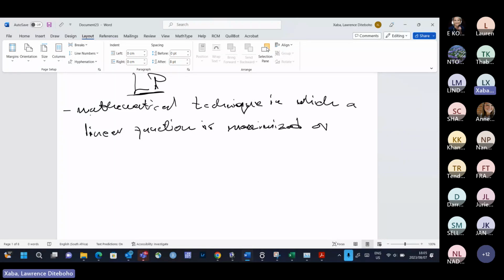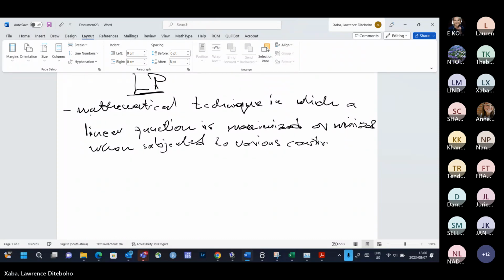And I was saying other authors refer to it as mathematical modeling in which a linear function is maximized or minimized when subjected to various constraints. So this is the definition.